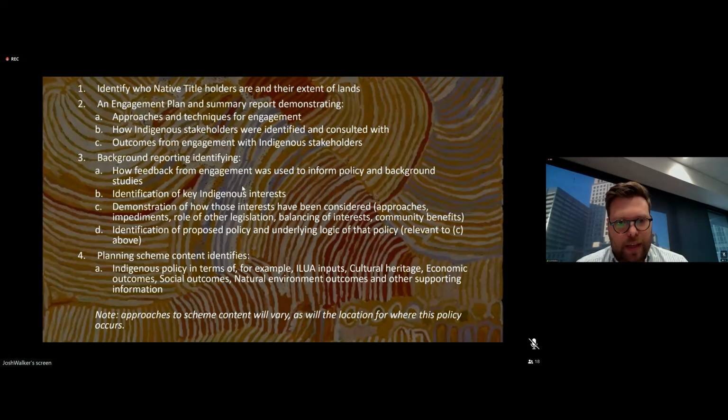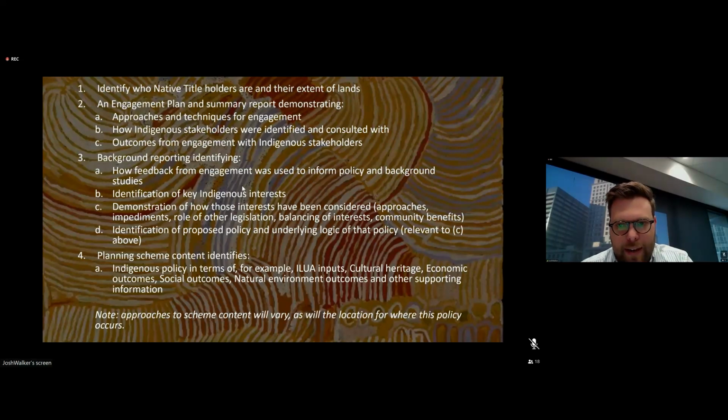And then in terms of the planning scheme content, it identifies there might be Indigenous policy in terms of, for example, ILUA inputs, cultural heritage, economic outcomes, social outcomes. So again, it might be just a light touch through the scheme, and there were some examples that were shown there. It might be a more fulsome approach that might occur as well.